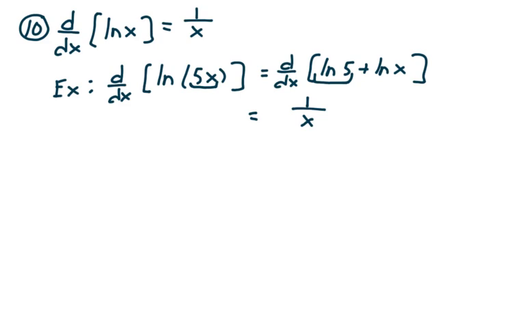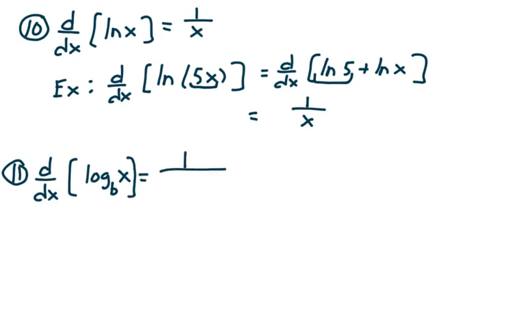Okay, so on number 11, suppose I want the derivative of log base b of x. My claim is that's going to be 1 over x multiplied by natural log of the base.